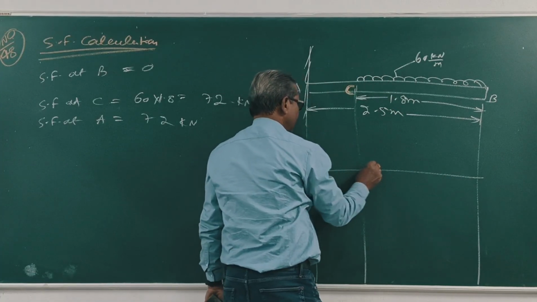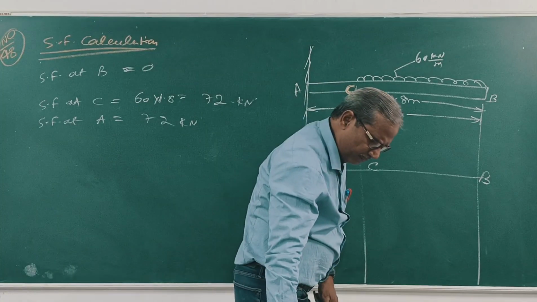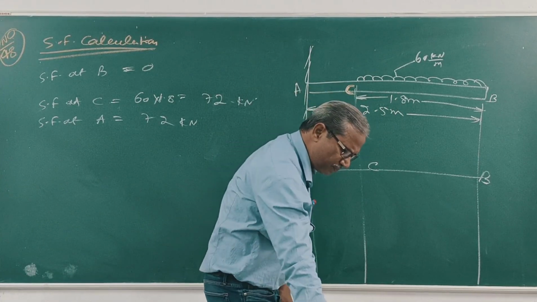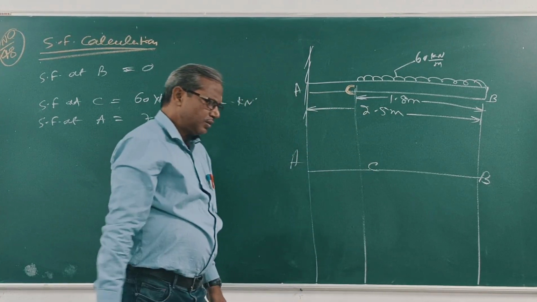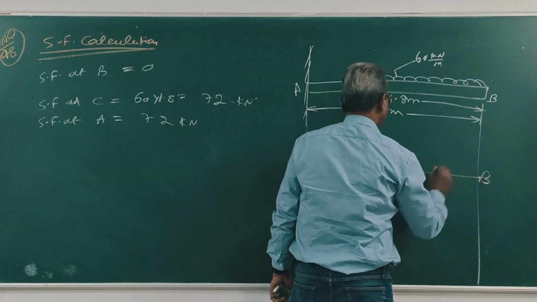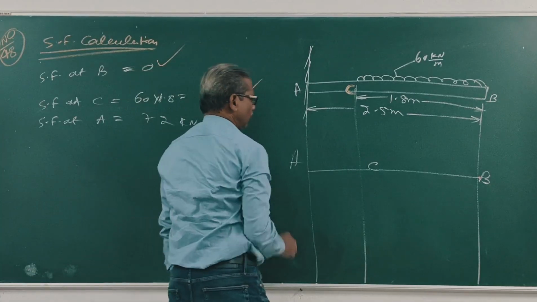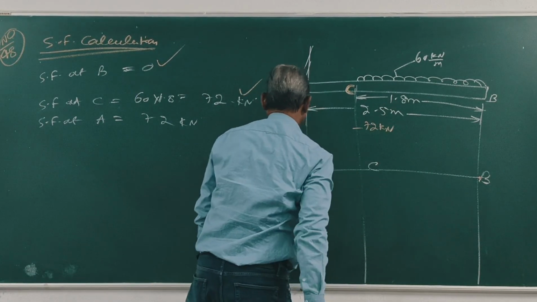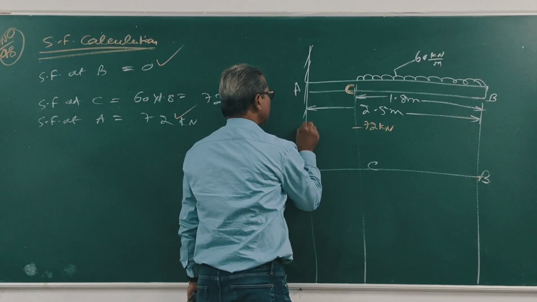A, C, B. Now at B it is 0, at C it is 108 kilonewton, at A it is 108 kilonewton.